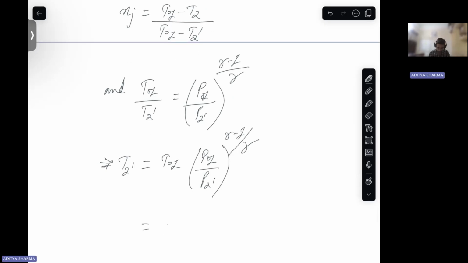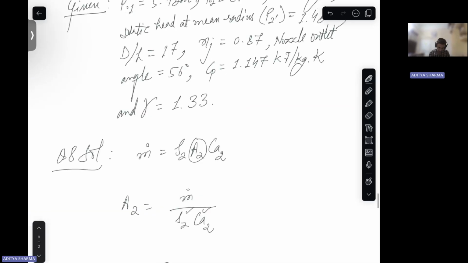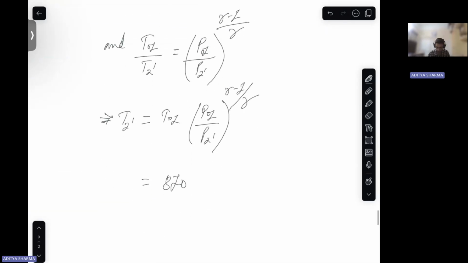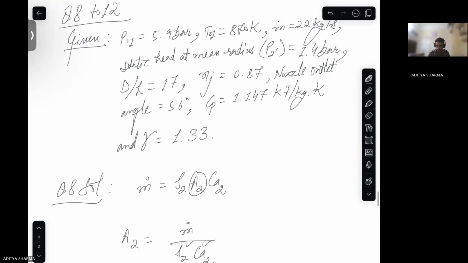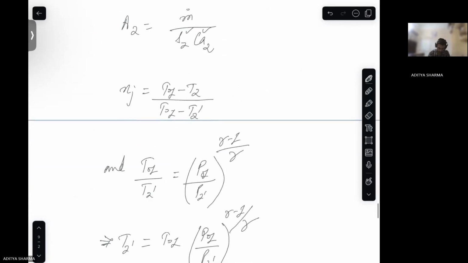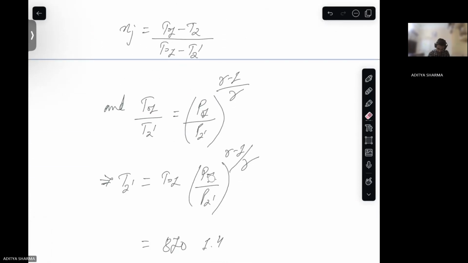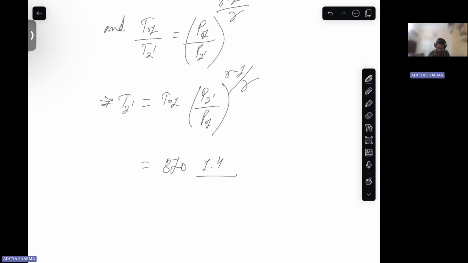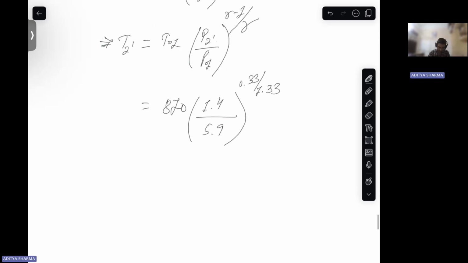Now placing the values, T01 is given to us as 870, and P01 is 5.9, and P2 dash is 1.4. Gamma is this and this is this. If we calculate this, this will come out to be 608.85 Kelvin.